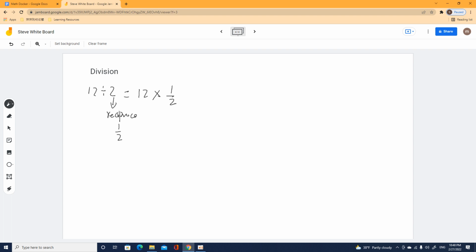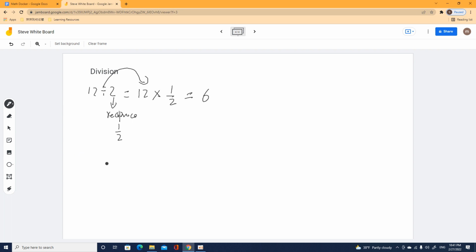So in this way, we transfer the division into a multiplication. Then you can use what we previously learned about how to do the multiplication and the multiplication sign. That is 6.